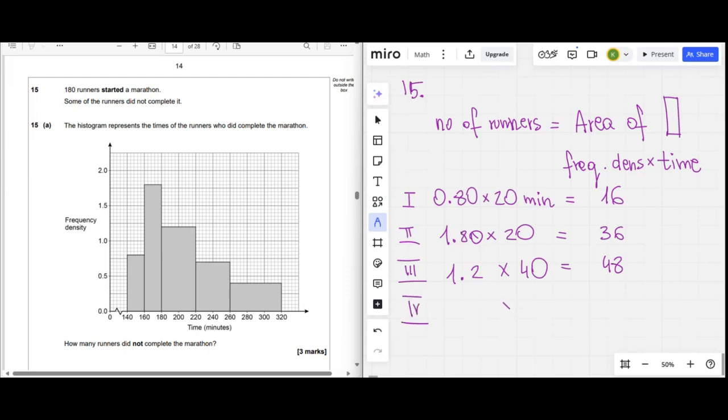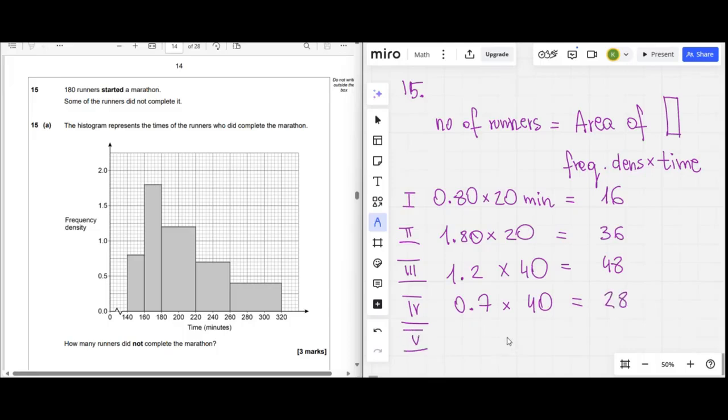For the fourth block, we have again a range of 40 minutes, and the density is, look, it's between half and 1, so in between there will be 0.75, and that's just below, so that's 0.7. That gives 28.